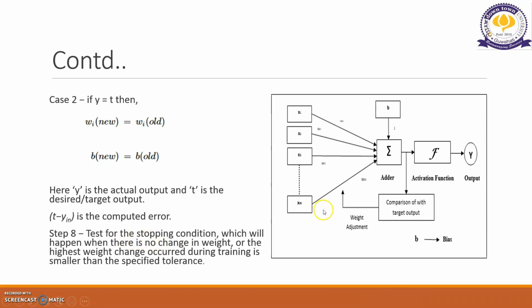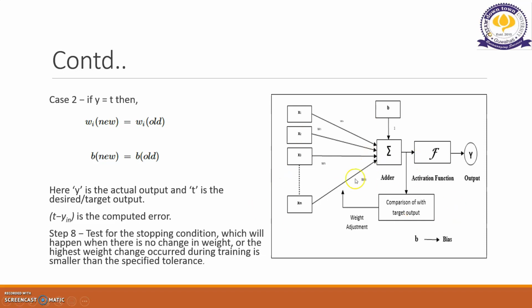Basically Adaline is similar to perceptron, just that it has an extra feedback. With the help of feedback, it compares the computed output with the target output, and using this difference it calculates the error. Error means target minus output.